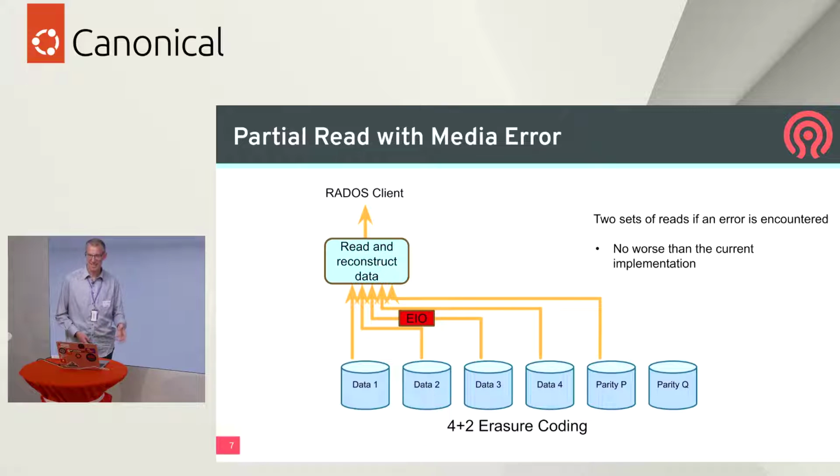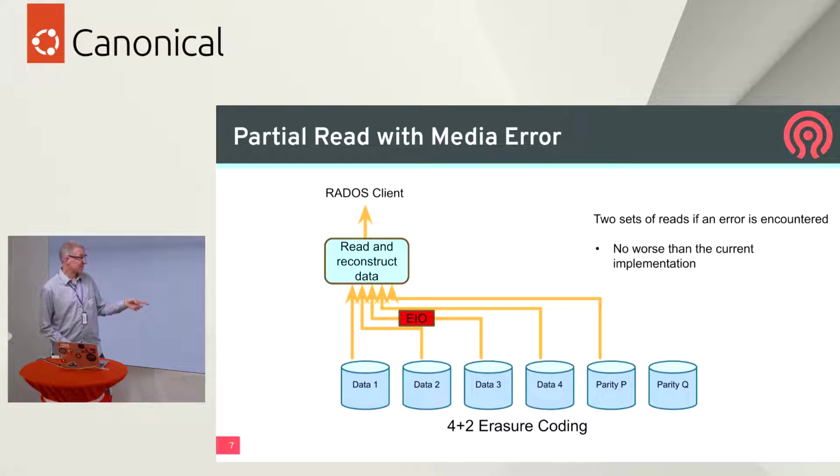And so latency, how long does it take for the read to be served? That is going to be based on how many sets of reads we issue in series. And so one read of data 3, then a second set of reads of the others in parallel. That's 2 sets of reads, no worse than it is today.